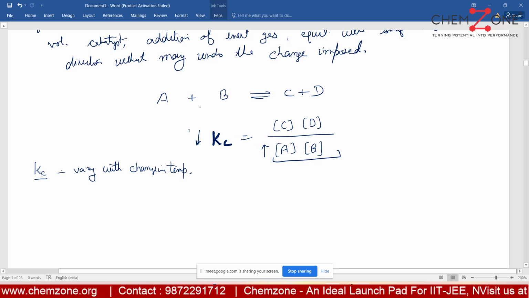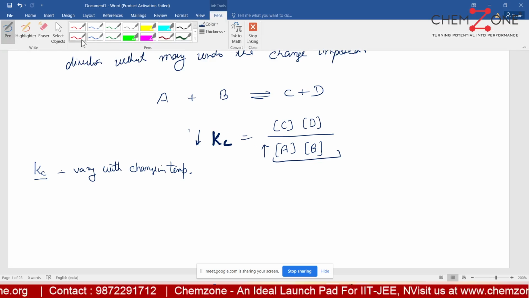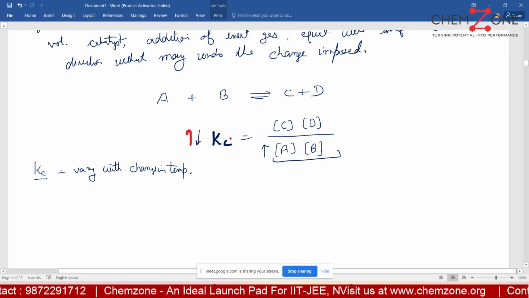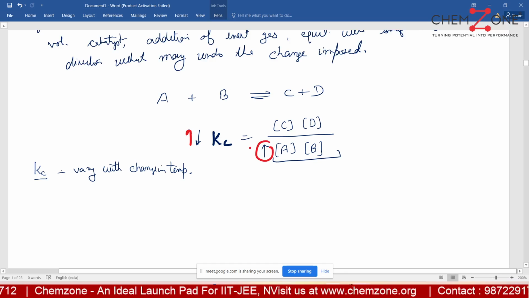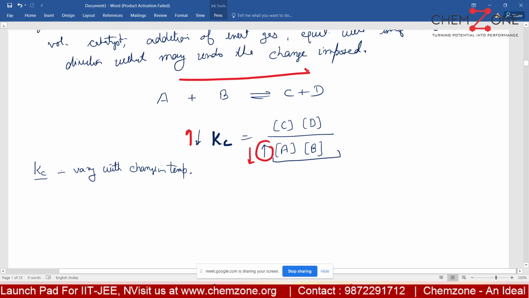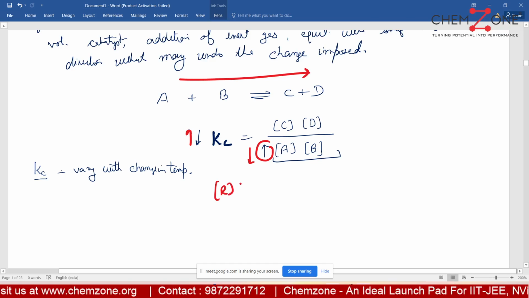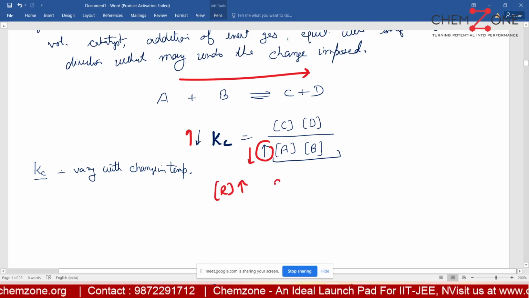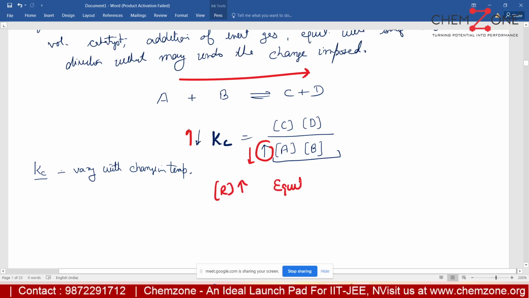It should come back to the original value. This is possible only when this increased value is decreased, and that is possible only if the reaction goes in the forward direction. It means if you increase the reactant concentration, the equilibrium will shift in the forward direction.